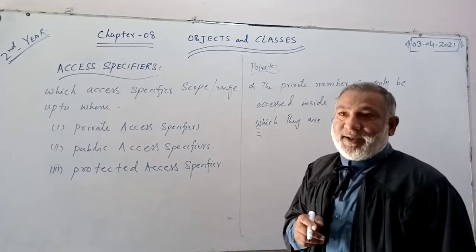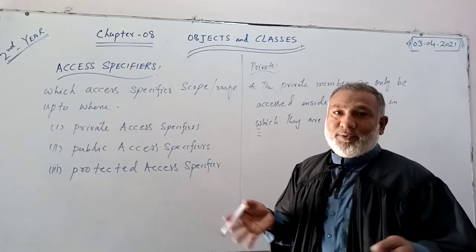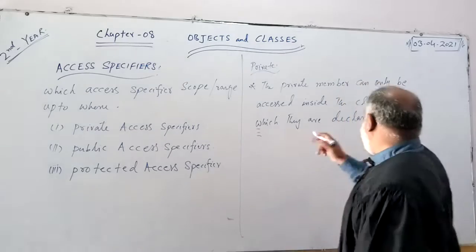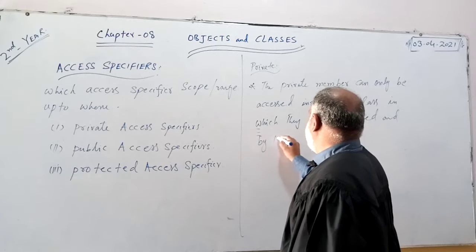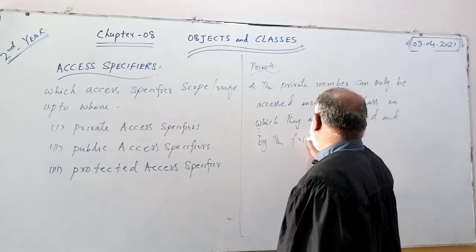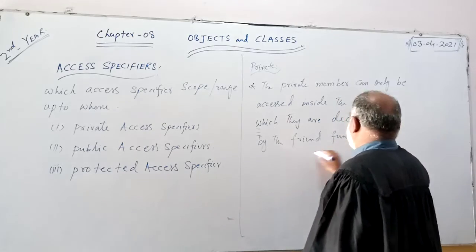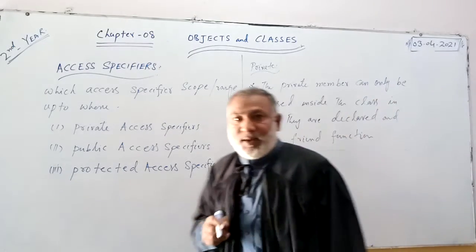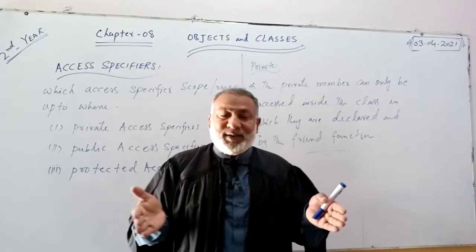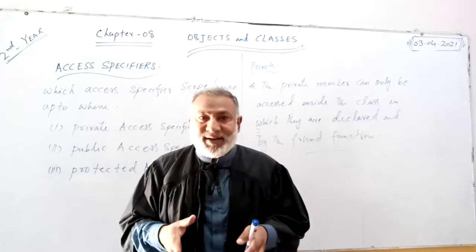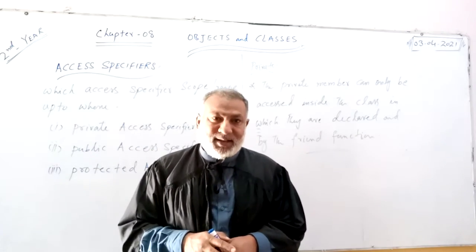Private data, private members, can only be accessed inside the class. Outside the class it cannot be accessed, except by the friend function. So the range, the scope of these private members is very limited. They are private to that class only in which they are declared, or they can be accessed only by the friend function of that class.